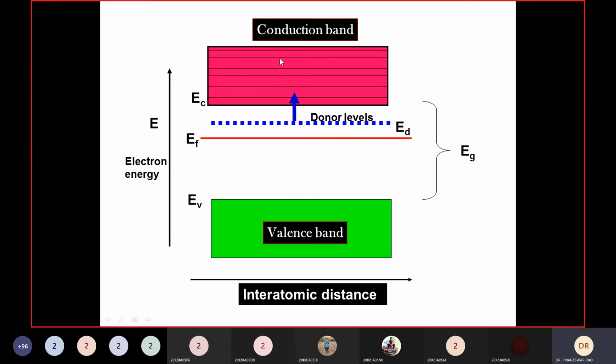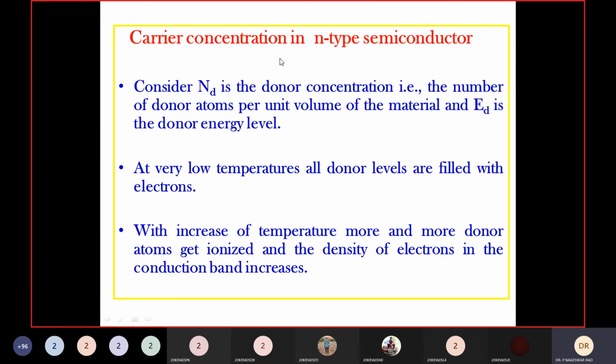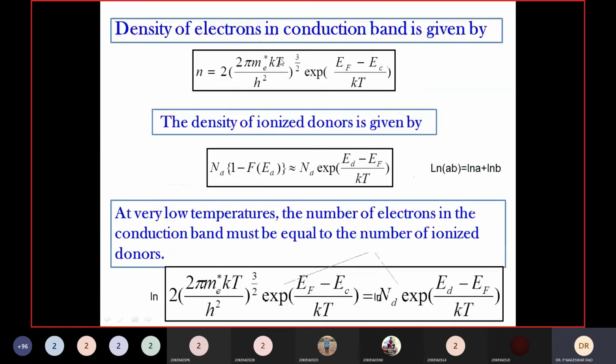See here. That's why we write Nd into 1 minus f of Ed. f of Ed is the probability of finding the electron in the donor level, but what we want is the probability of finding the electron in the conduction band. That's why we take 1 minus f of Ed.